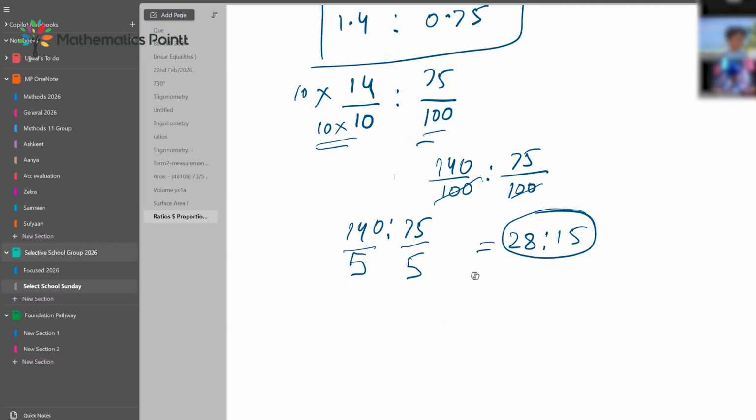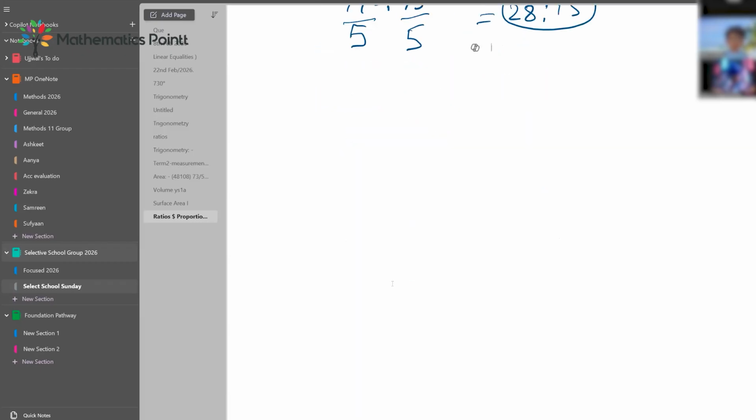All right, so we did the simplification of ratios for whole numbers. We did simplification of ratios for fractions. We did simplification of ratios for decimals. Let's do simplification of ratios for algebraic terms, right? My favorite topic, algebra.